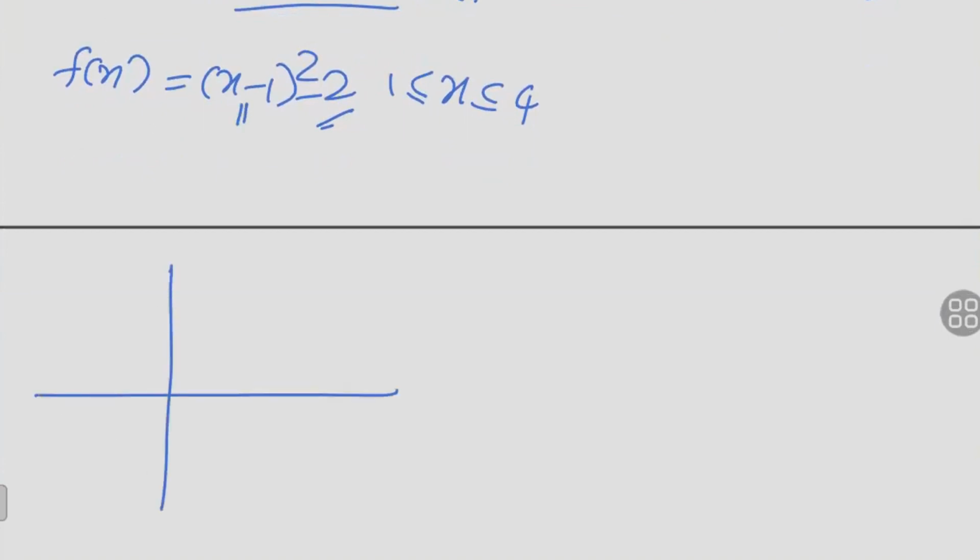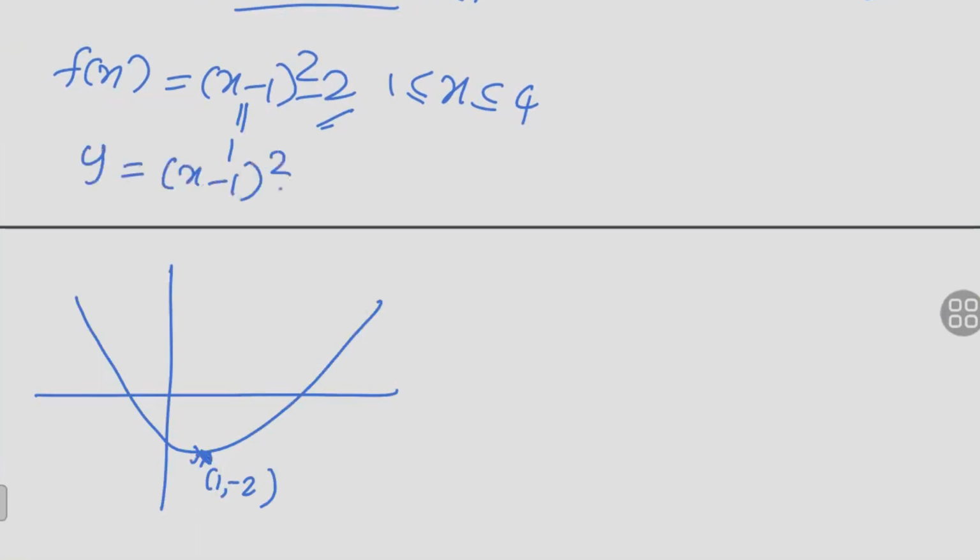The minimum point has coordinates (1, minus 2), and you will get this kind of minimum curve. Now the inverse function, you find it. What is coming? (x minus 1) squared minus 2, take this to this side: (x minus 1) squared equals y plus 2, right? So then you can take it.